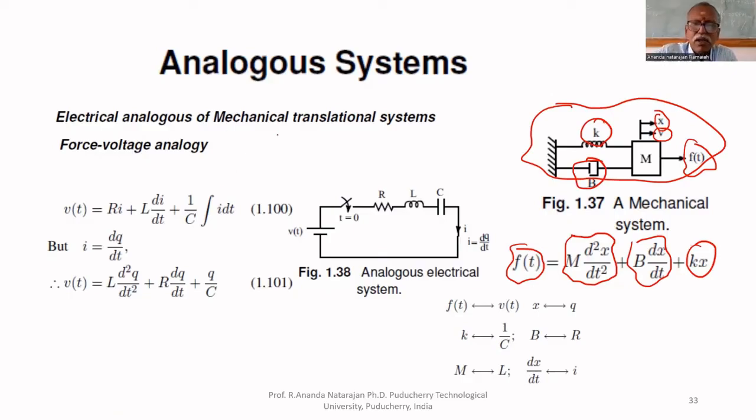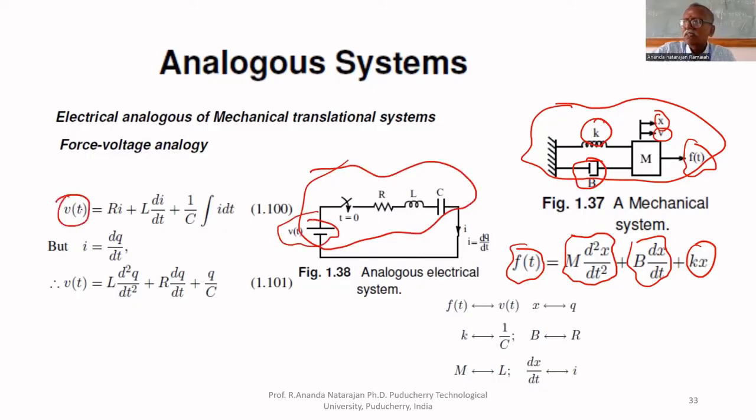What is the mathematical model of this electrical system? The applied voltage is V of t, and the current through this circuit is I. If you write KVL, what you will get? Ri, the drop across. If you travel along the current direction, if it is a battery, you are traveling from negative terminal to positive terminal.